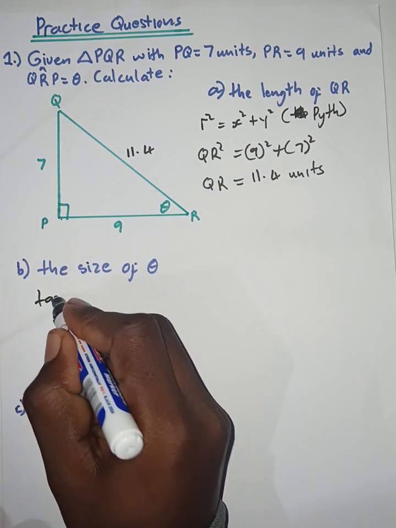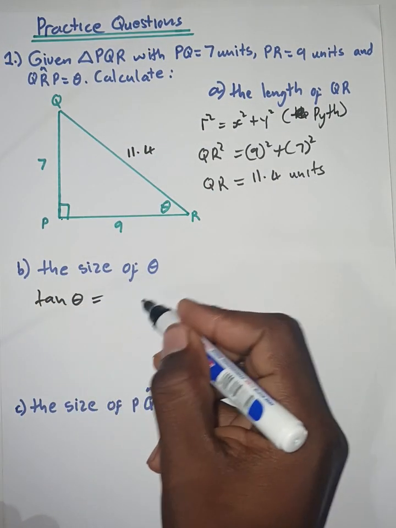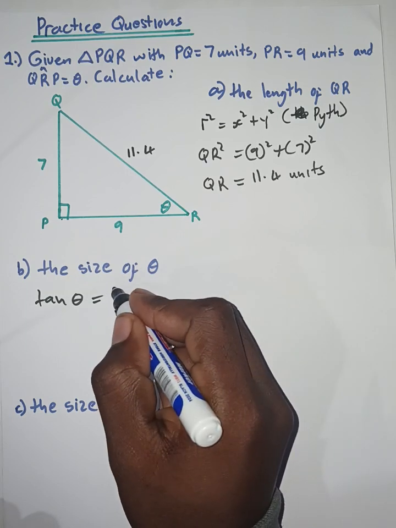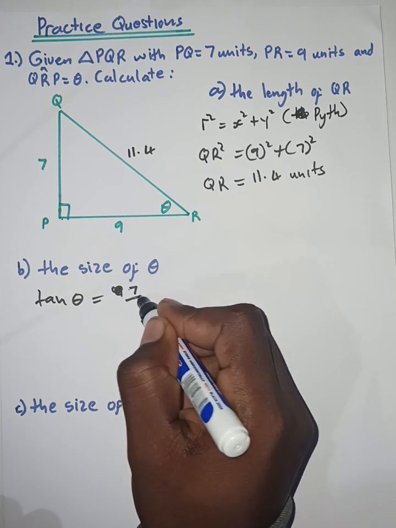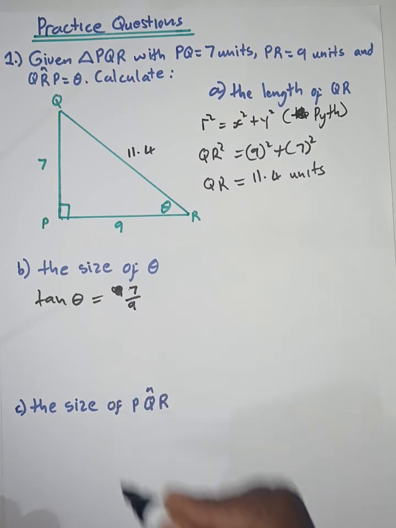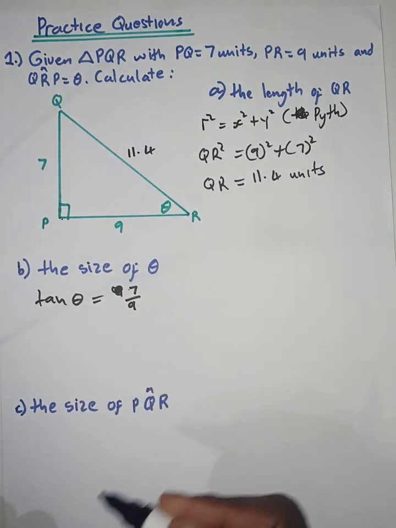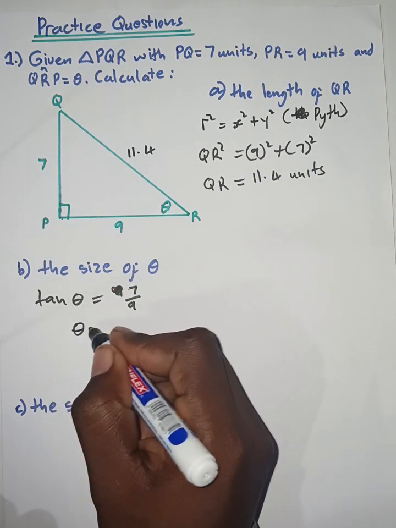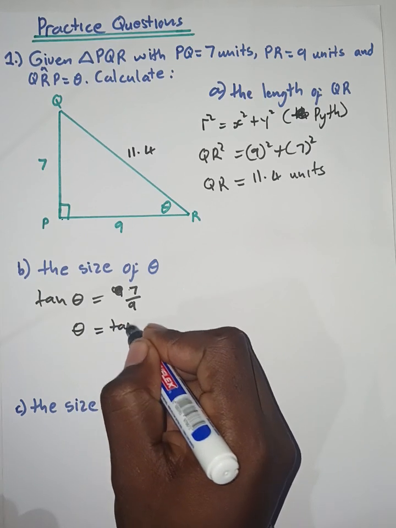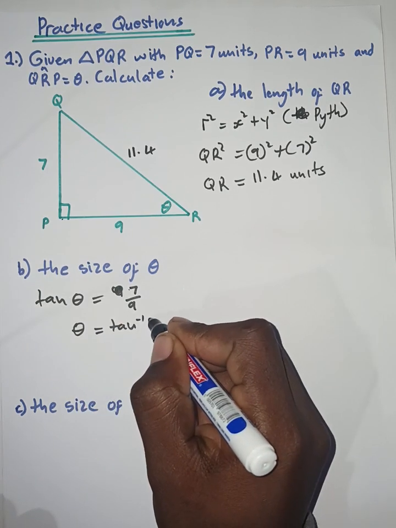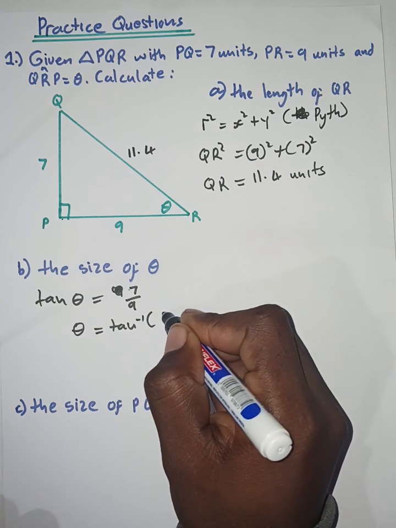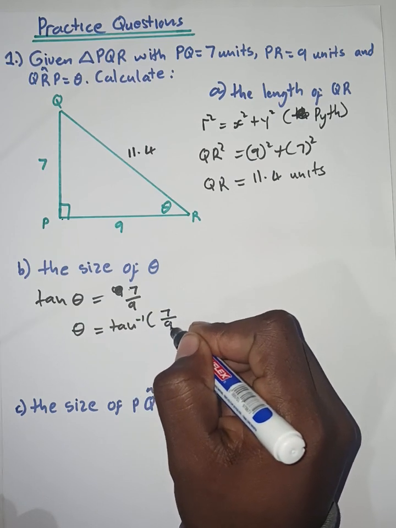So tan of theta would be equal to, we know that tan is opposite over adjacent, which is 7 over 9 there. And to find theta, you just press shift tan, which is tan to the power of -1, and you put that ratio there, which is 7 over 9.